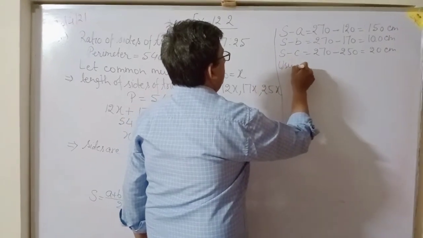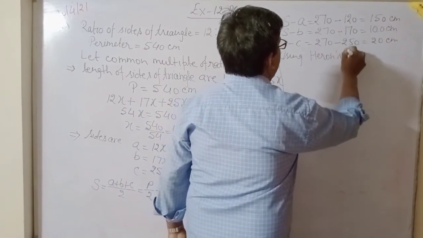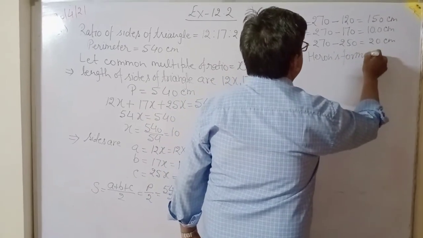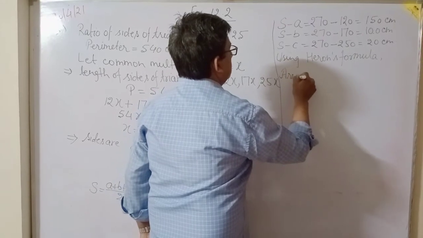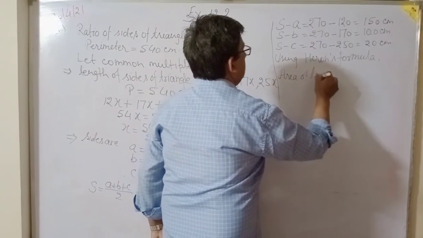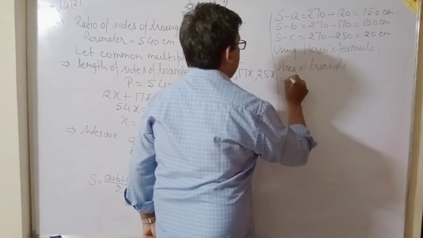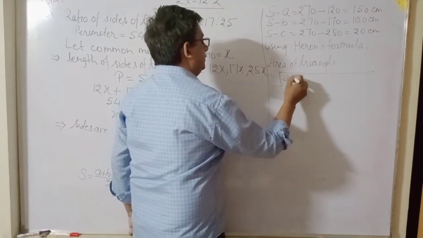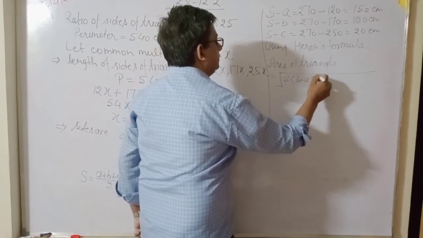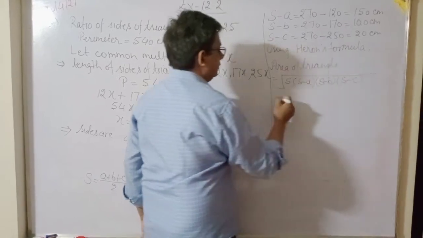Using Heron's formula, the area of the triangle equals the square root of S times S minus A, S minus B, S minus C. Now put the values.